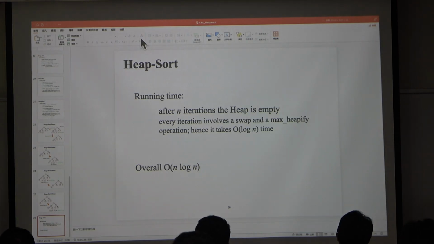So depending on what situation you encounter, you should choose the sorting algorithm differently. This is also a very important concept you should have.